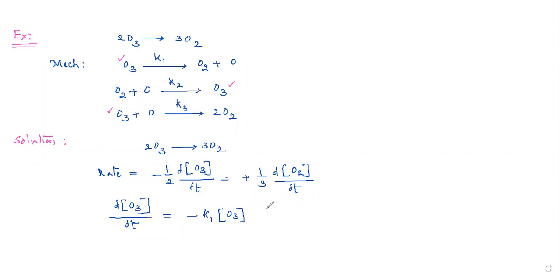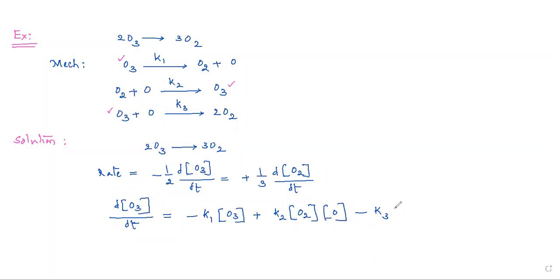So minus K1 into O3 plus K2 into O2 into O. Plus K2 into O2 into O, because in the second step, it is being formed from O2 and O. In the third step, it is reacting.